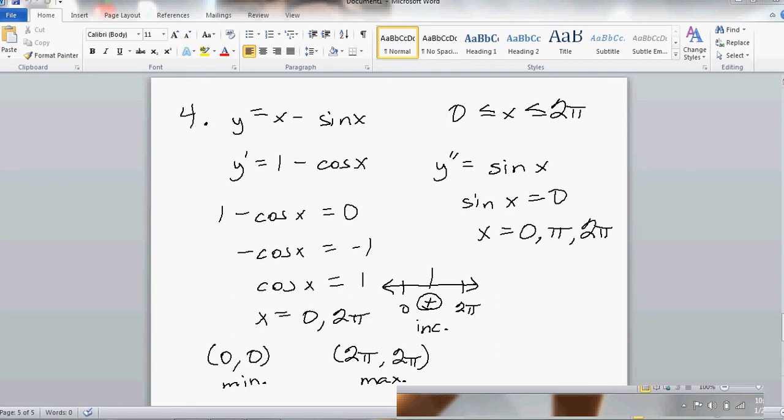But we do have chances of it becoming concave up, concave down. So I'm going to choose the value of 1 and the value of 4. Now I plug in the value of 1, and this needs to go into the second derivative.